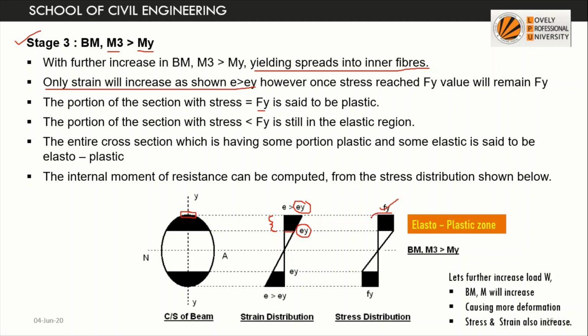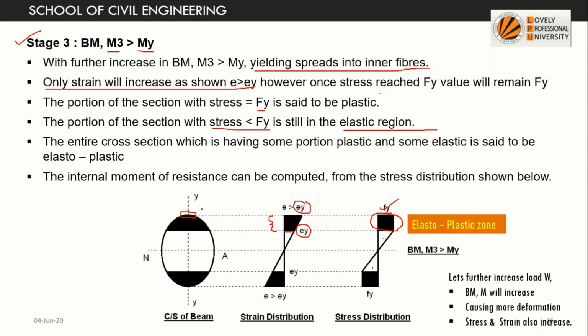So the portion of the section with stress equal to Fy, this portion shaded with black, is said to be plastic. Whereas the section where the stress is less, this triangle in the stress distribution having stress less than Fy, we will call an elastic portion.